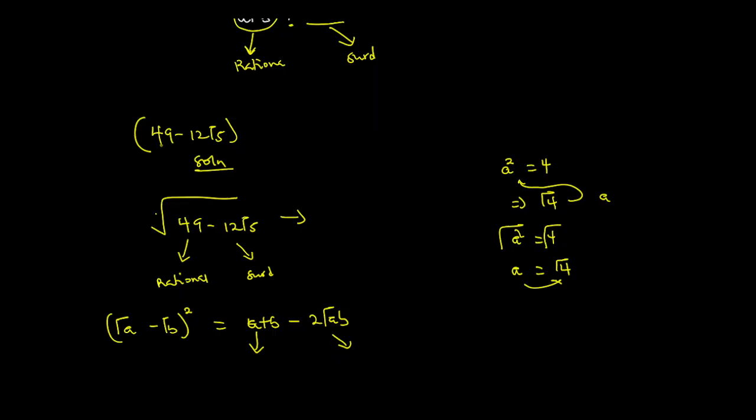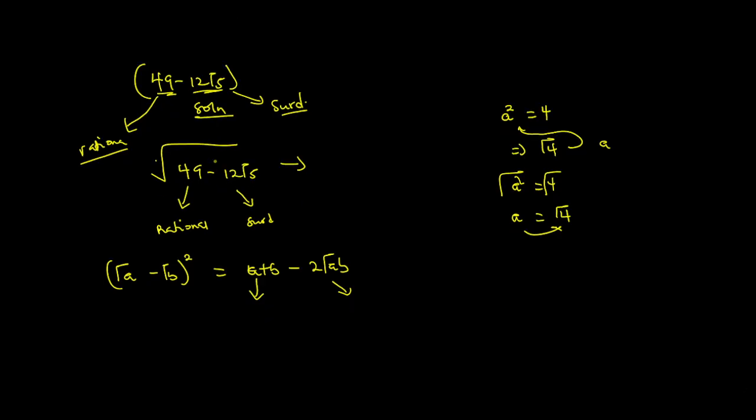Now, when you have 49 minus 12 root 5, can you see the connection? This is the rational part. This is the surd part. What can we conclude? Then we can conclude that this square root of 49 minus 12 root 5 that we are going to find is of the form square root of A minus square root of B. You get the connection now?